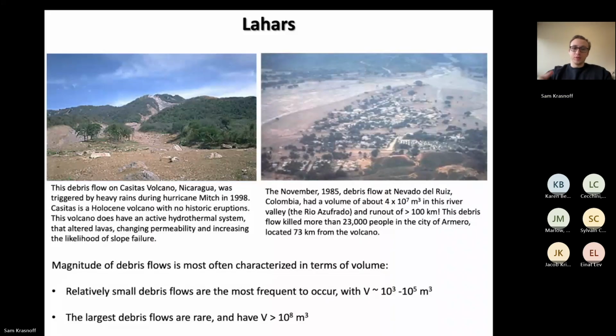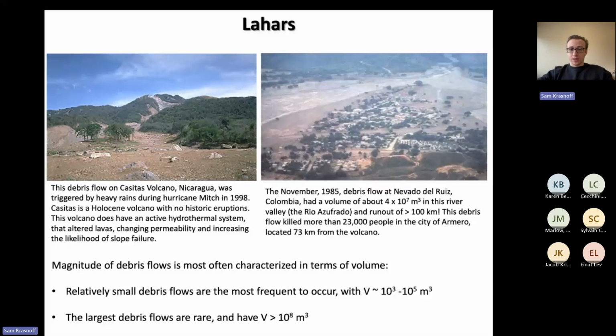We've gotten much better at predicting and at emergency communication, but you can see that the impact of a debris flow like this killed more than 20,000, or 23,000 people. On the left side, you can also see what's left over from the debris flow. It flattens everything it touches, tens or even hundreds of kilometers away.